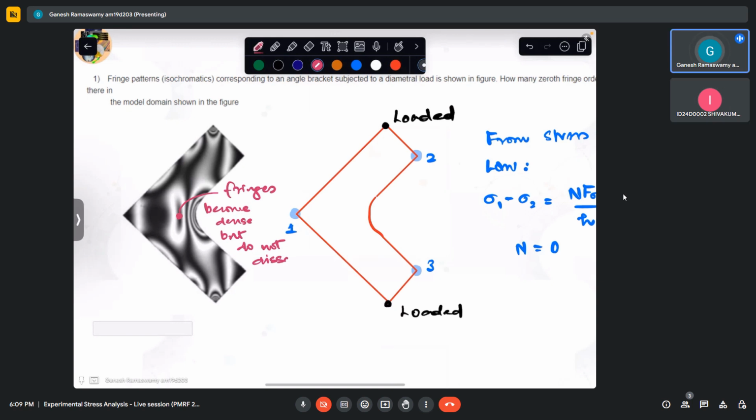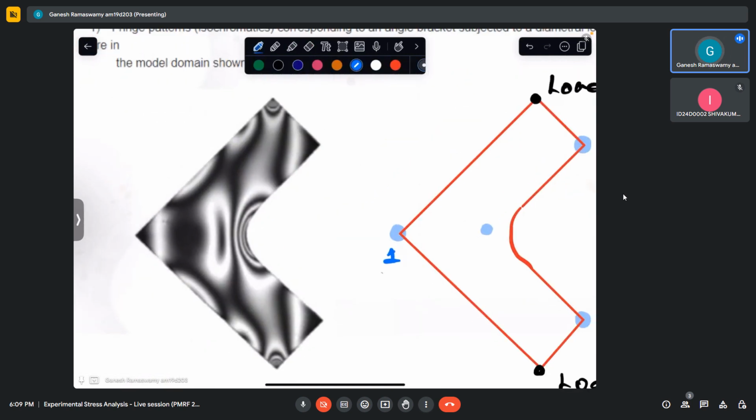So, here the fringes become denser but do not disappear, which implies that we have a fringe order 0 over here. Very well. So, now that we know in this problem that this is fringe order 0, what can be said about this red fringe?